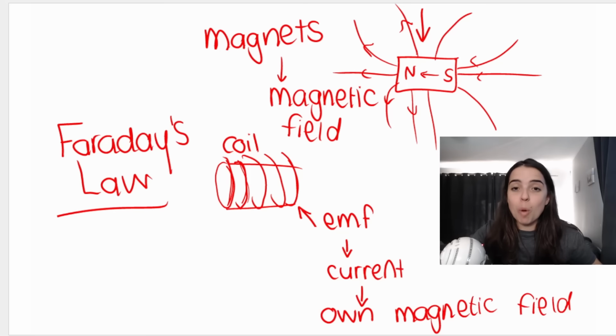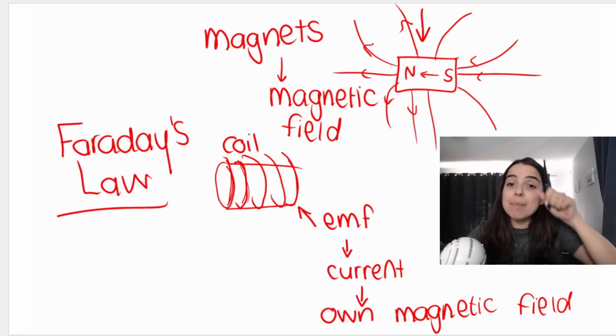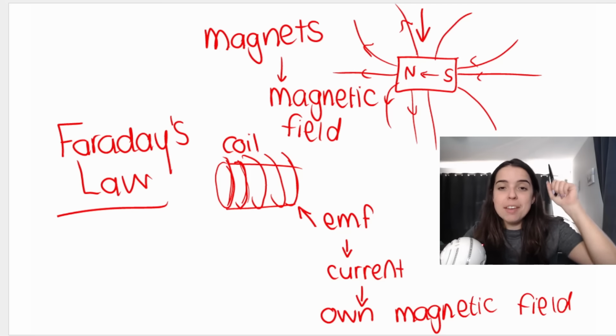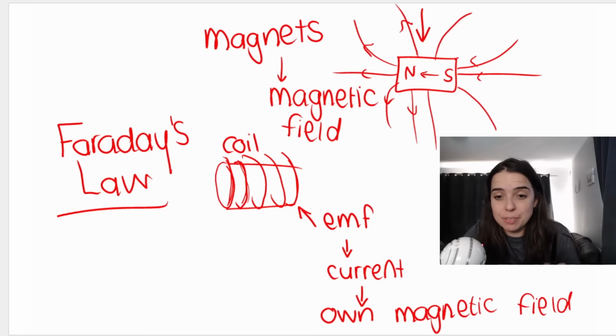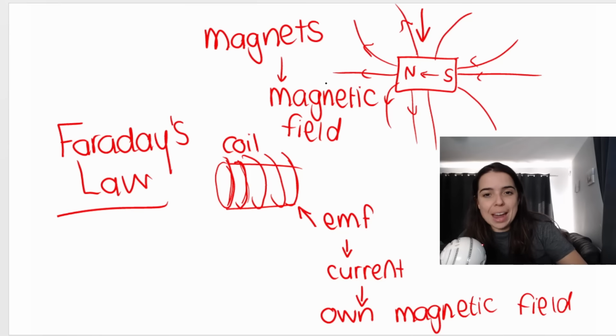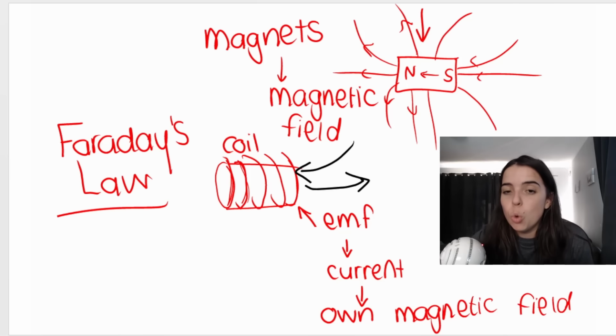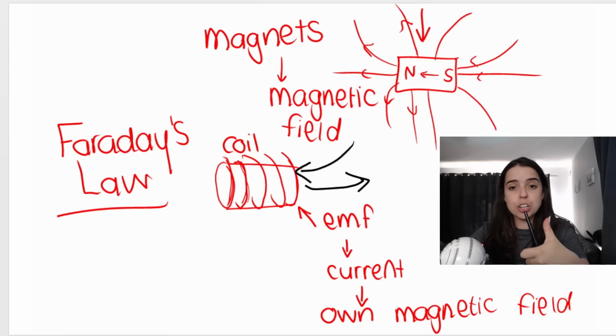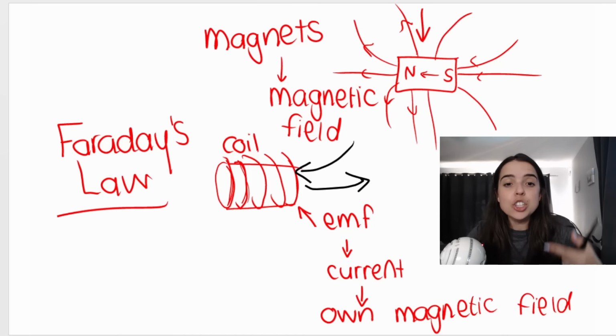So just to recap what we know so far, we have a magnet, as you can see over here. The magnet has its own magnetic field. So that's like the initial magnetic field. We move that magnet into and out of the coil. When we move that magnet into and out of the coil, there is relative motion, and there is a change in magnetic flux.